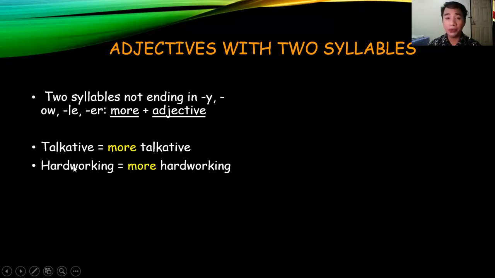Another example word is hardworking. Hardworking does not end with y, ow, le, or er. So meaning to say, we will add the word more plus the adjective hardworking.